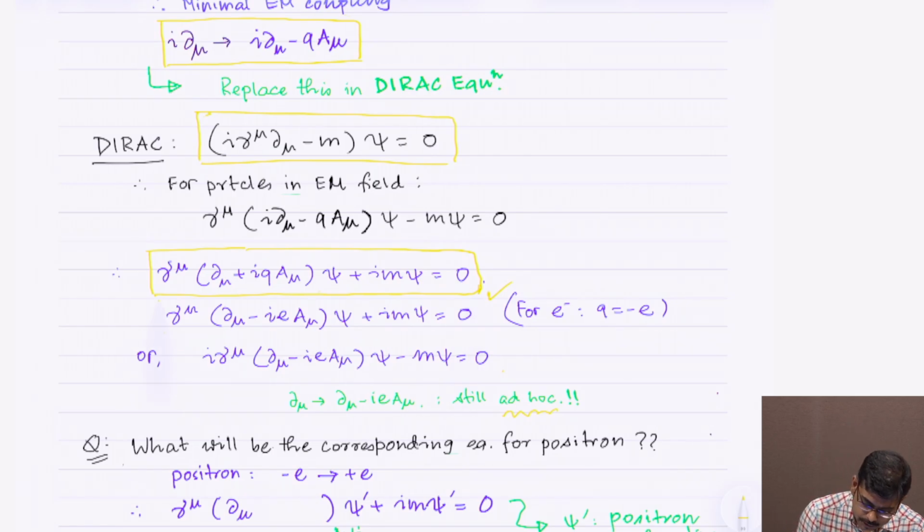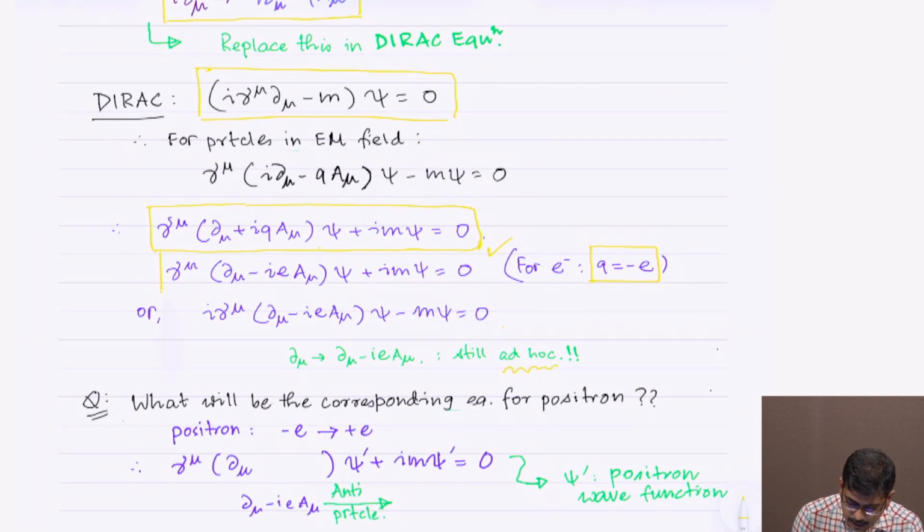Now, if I have to write it for the electron specifically, then this q, the electromagnetic charge, is −e. This is the charge of an electron, q equals −e. So, I am going to replace that here, and with that this equation for the electron becomes γ^μ(∂_μ − ieA_μ)ψ + imψ = 0.